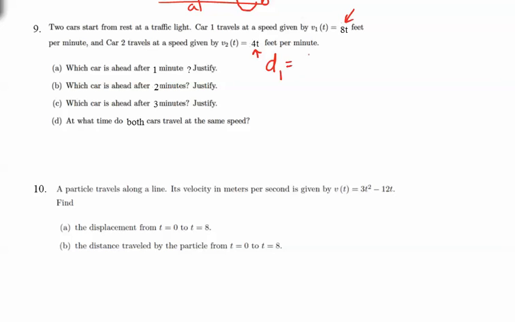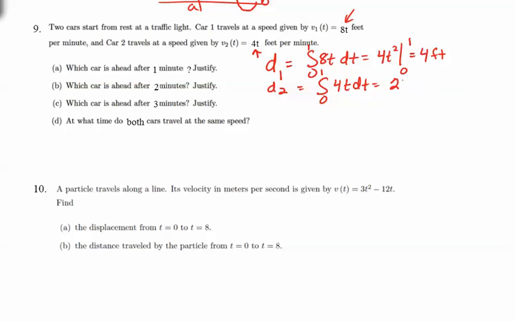So the distance for car 1 after 1 minute would be the integral from 0 to 1 of 8t dt, and that would be 4t squared evaluated from 0 to 1, and that would give us a value of 4 feet.